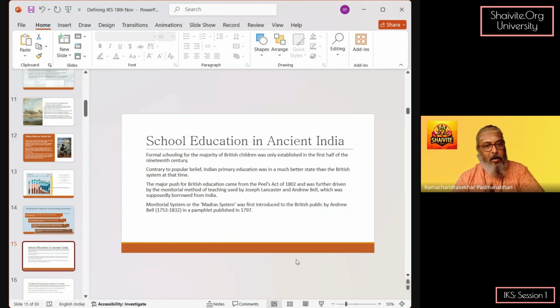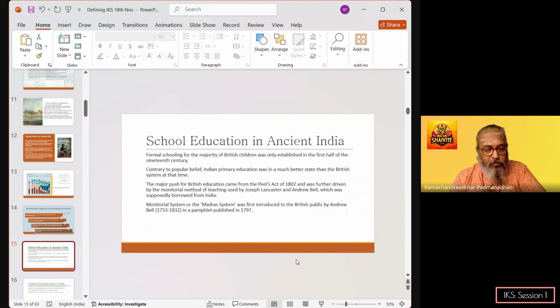All these are recorded, with documents available on the net for anyone to study. There were at least 7 systematic studies undertaken by the colonists to understand the schooling system in India, right from 1707 onwards.